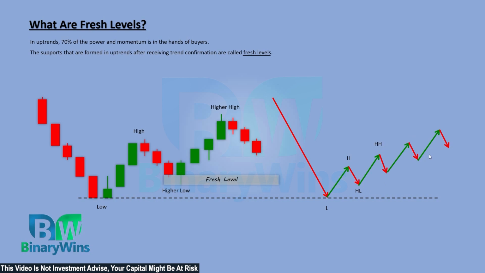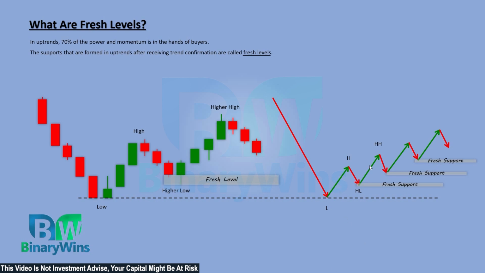In this uptrend that has continued on its way, all the supports are fresh supports for us. That is, each of these levels are fresh levels.